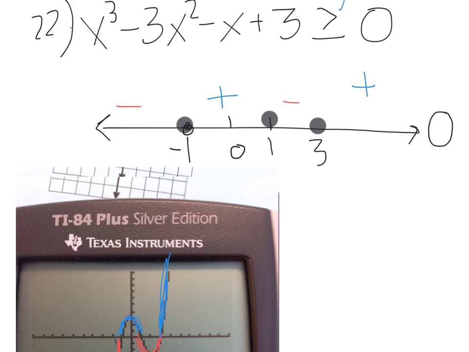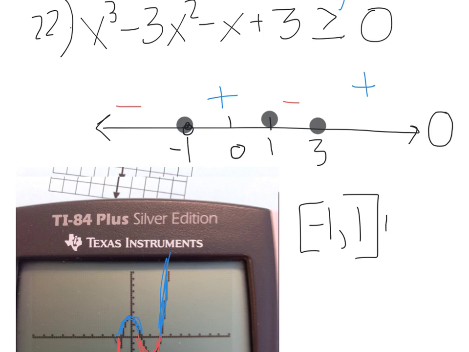And the reason I do that is because it's asking me, do I want to include 0 in the answer or do I not? Since ours is greater than or equal to 0, we do want to include 0 in our answer. So our answer here would be from -1 to 1, because I was positive from -1 to 1 right here.